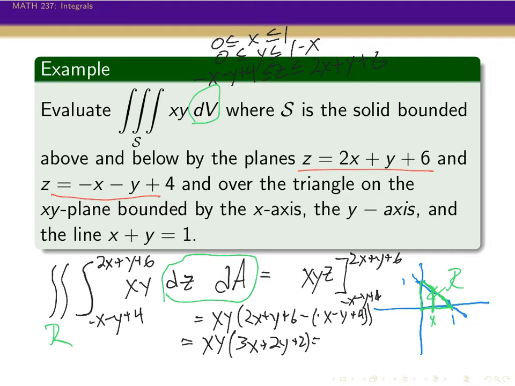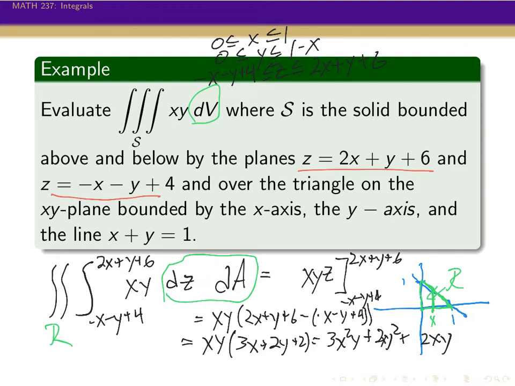And so this is 3x squared y plus 2xy squared plus 2xy.